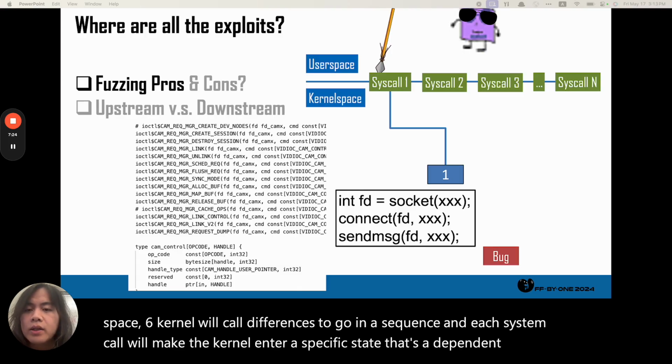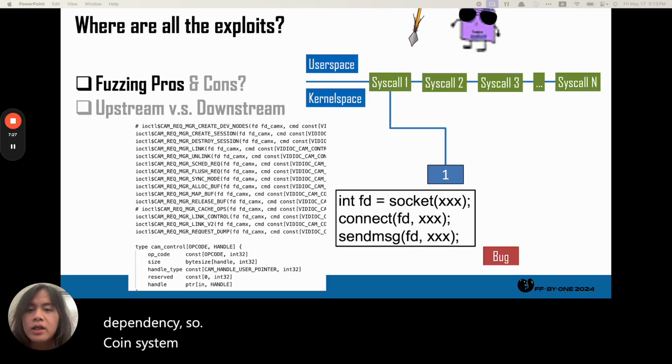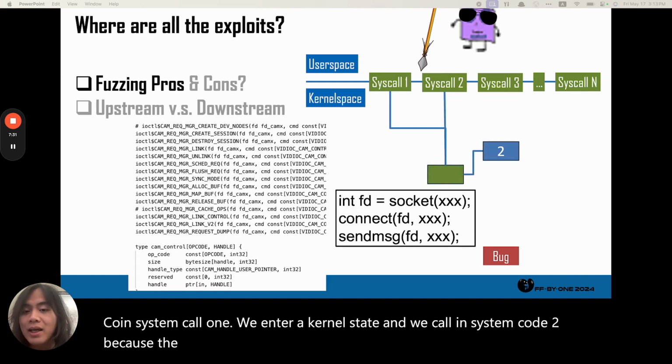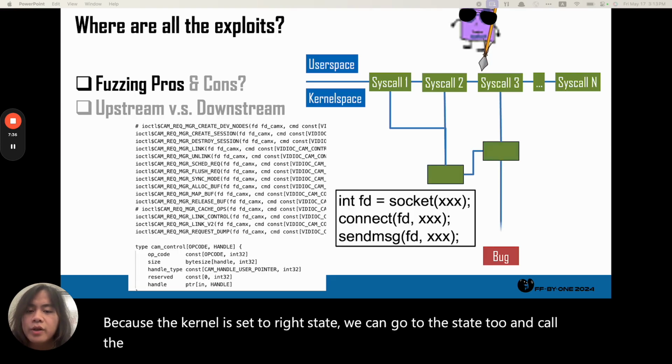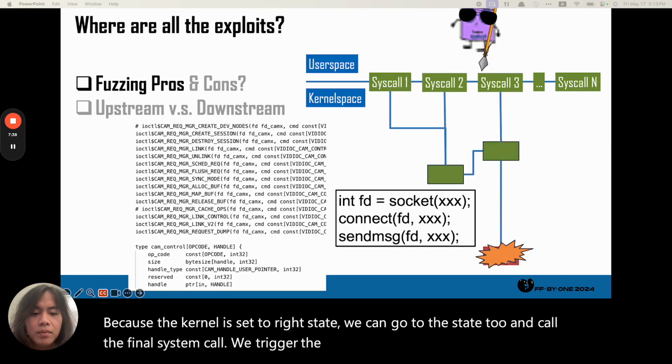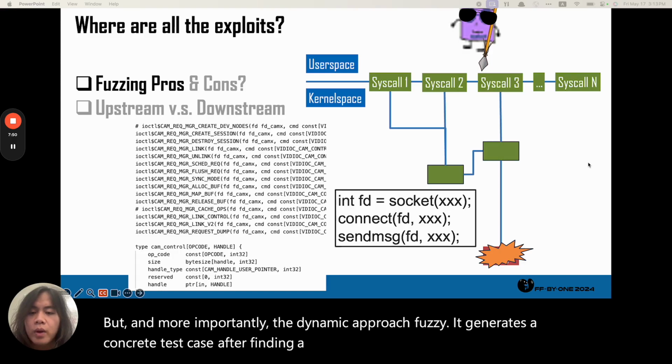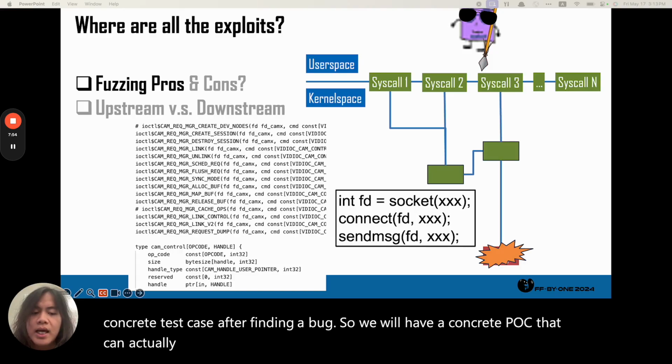So calling system call 1, we enter a kernel state, and when we call system call 2, because the kernel is set to the right state, we can go to state 2 and call the final system call, and we trigger the bug. But more importantly, the dynamic approach, fuzzing, generates a concrete test case after finding a bug. So we will have a concrete PoC that can actually trigger the bug. Neither static analysis nor manual auditing can do this job.